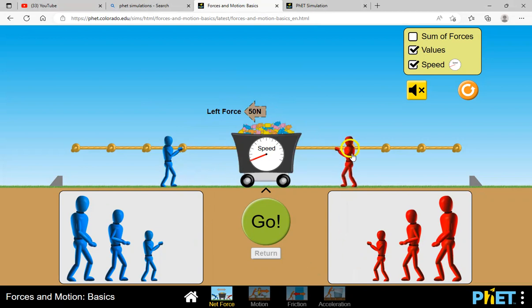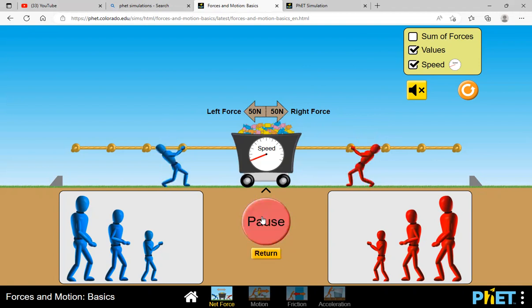And I will place a red person here that is pulling this cart to the right with a force that is equal to 15 Newton. Let's see what will happen to the cart, if it will move to the right or to the left, or it will not move at all.